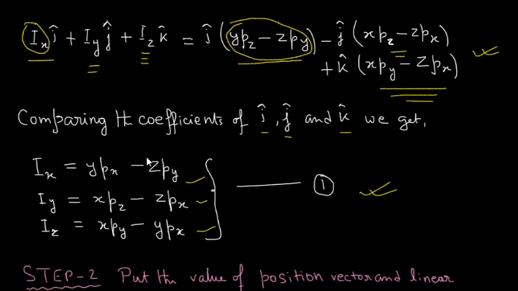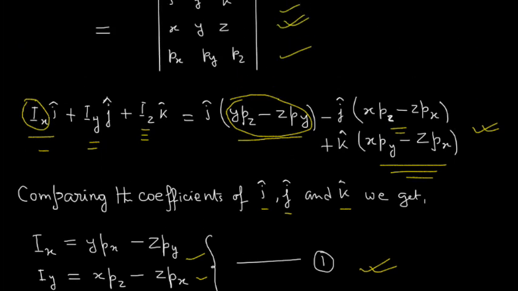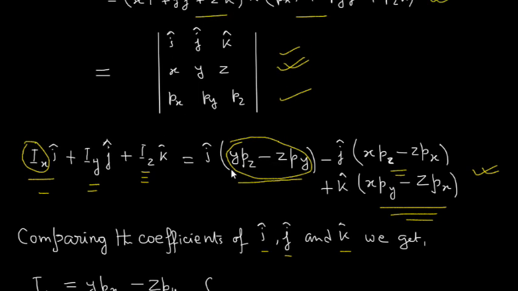Now if we equate lxi plus lyj plus lzk is equal to l, solving the determinant we will get this solution on the right hand side: i bracket y pz minus z py, minus j bracket x pz minus z px, and plus k bracket x py minus y px.